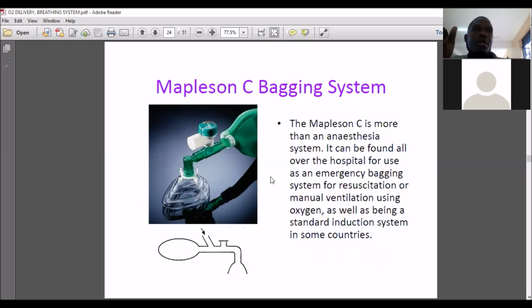The bagging system, this Ambu bag we usually have, is more than an anesthesia system. It can be found all over the hospitals as an emergency bagging system for rescue, or manual ventilation during resuscitation, as well as being a standard anesthetic system in some countries.